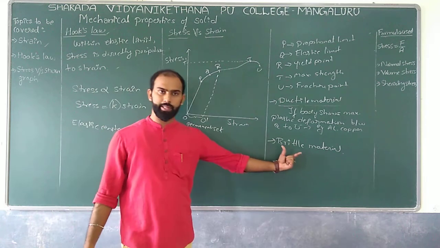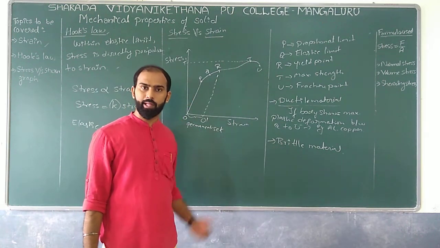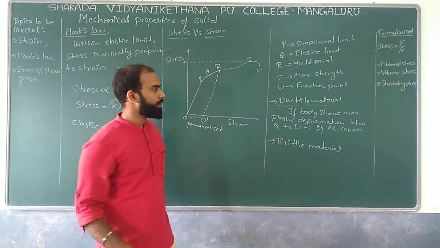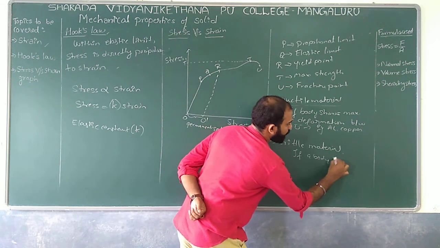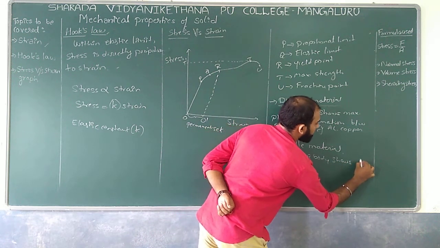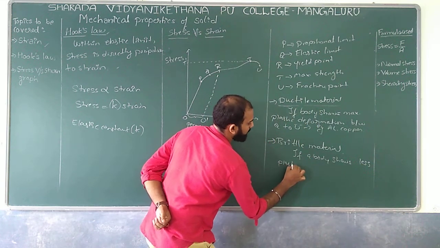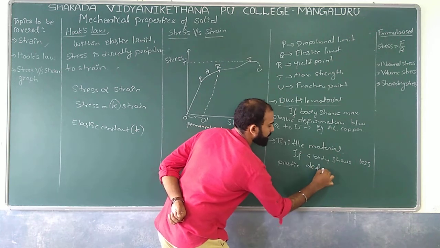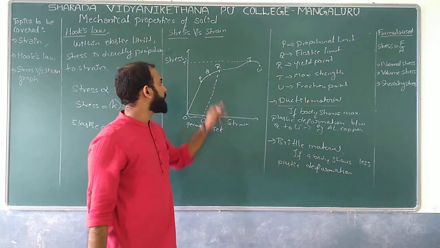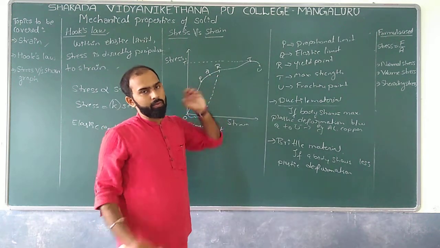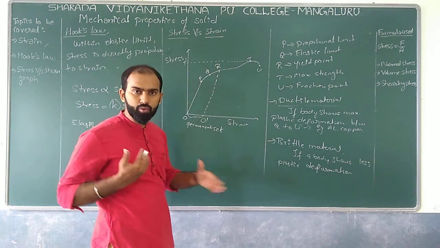Now think about a brittle material. So use your common sense if you have. So what would be the definition for a brittle material over here? It is very simple. If a body shows less or minimum plastic deformation between point Q to point U, which means very less plastic deformation, which means the body is going to break so early.